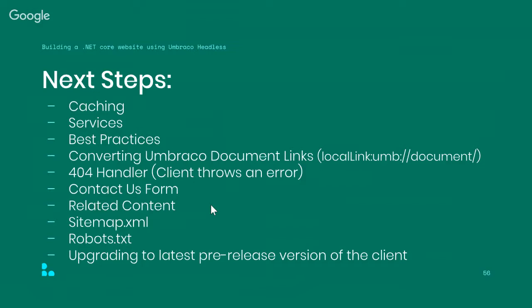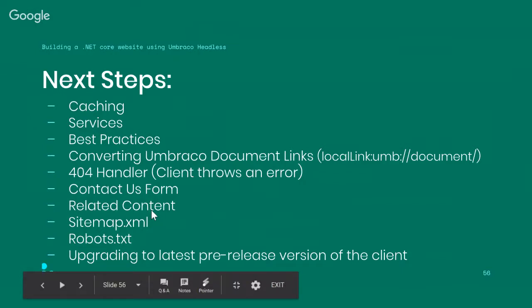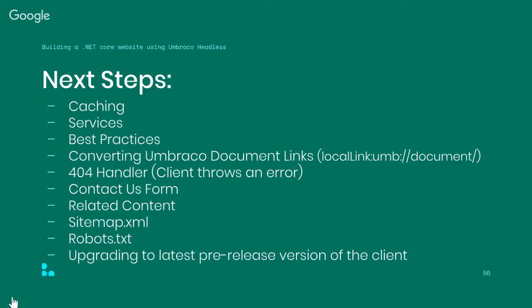It's a good point to discuss. So contact us form was one problem. Related content, like you saw, how do we pull that, right? Maybe we need some best practices around it. Of course, you need a sitemap. How do you render that? We've done it before. Robots.txt is not big, but now because I don't have any other routes, I can't even put a robots.txt, right?